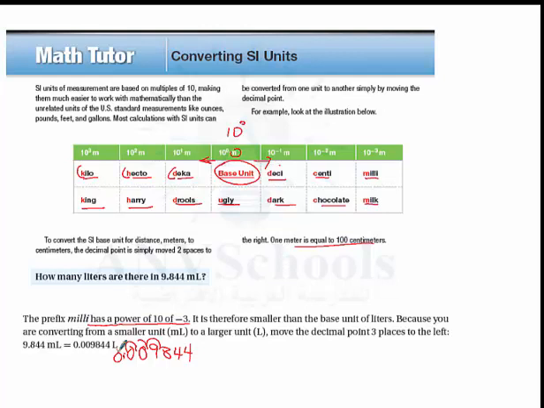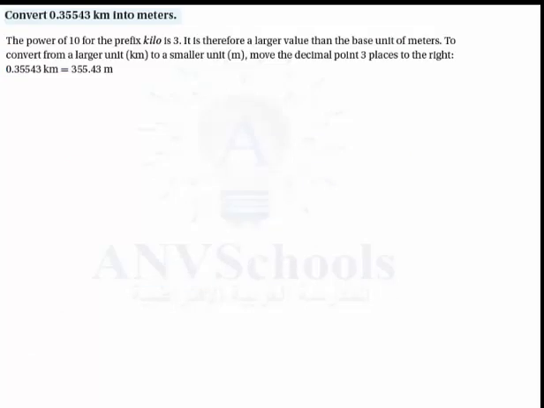The opposite happens if you are having the other side. In this other side, you will have to move to the right instead of moving to the left. So let's see here, converting 0.3 kilometers into meters. We know that meters are the smaller unit. The power of 10 for the prefix kilo is power 3, so it is a larger value than the base unit of the meter.